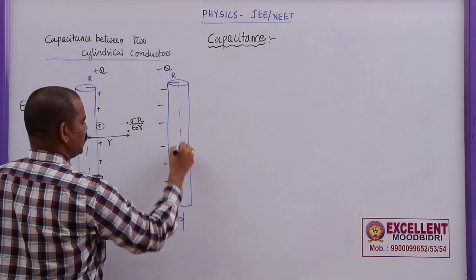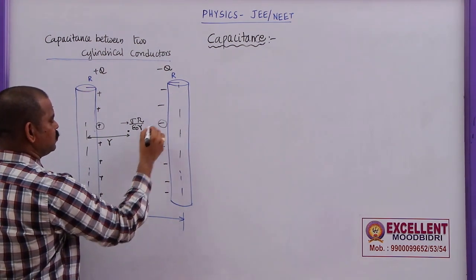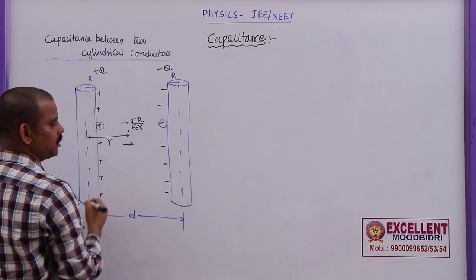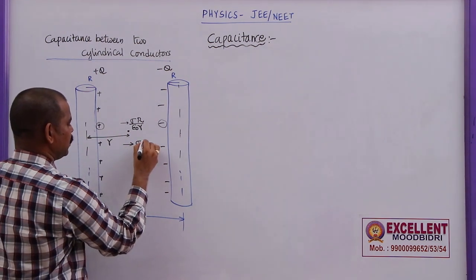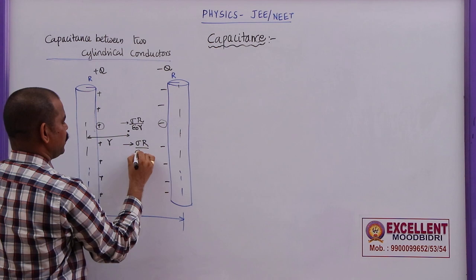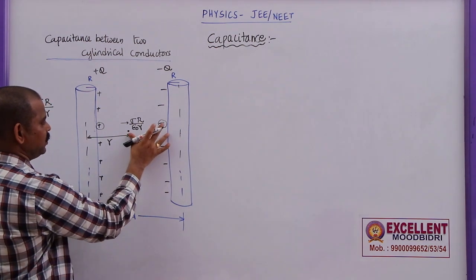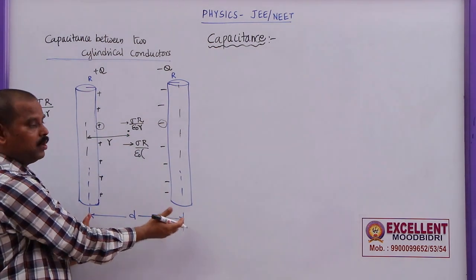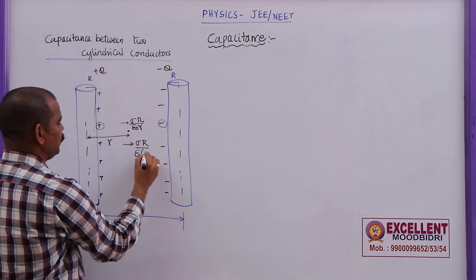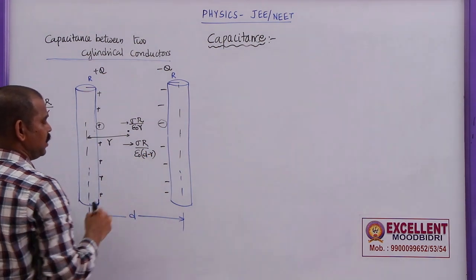Similarly, what is the electric field due to the negative charge at this point? This is also in this direction, which is given by sigma R by epsilon naught times the distance. The distance between these two is small d, so it will be d minus r.